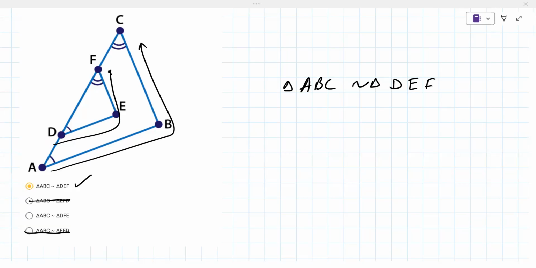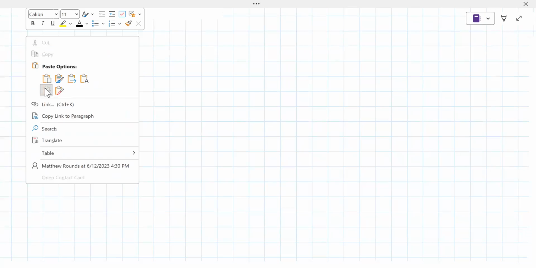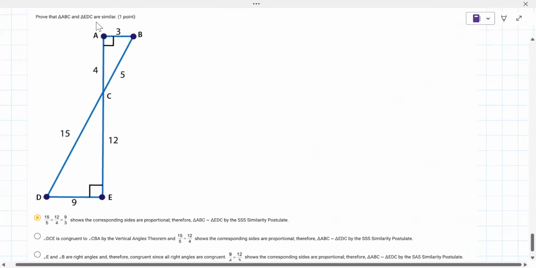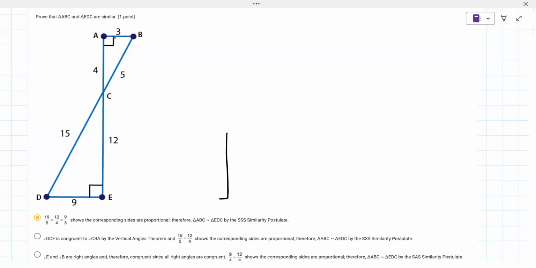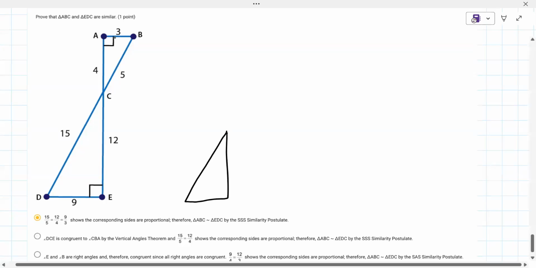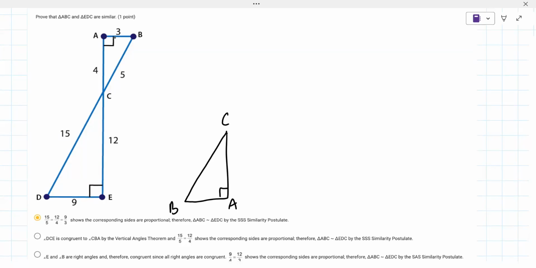Your 2's in the chat. All right, this one, if you could cut it out of the page, like if you had it on physical paper, you would see that this triangle orients with the other one, where A is down here, B is here, and C is still there.